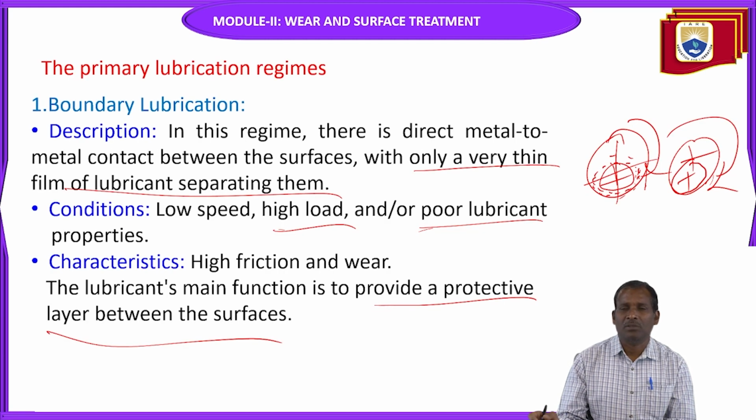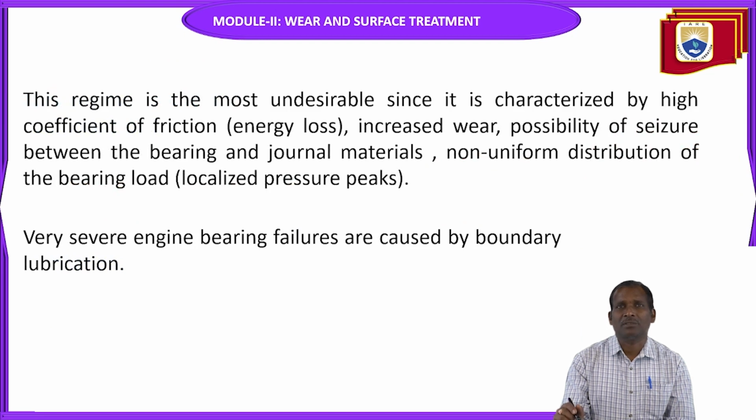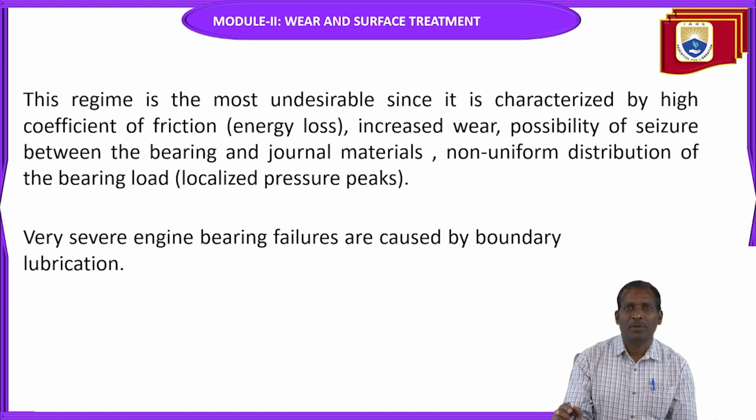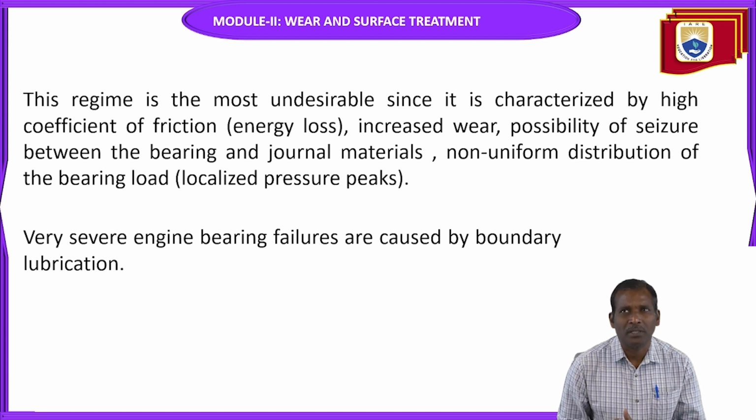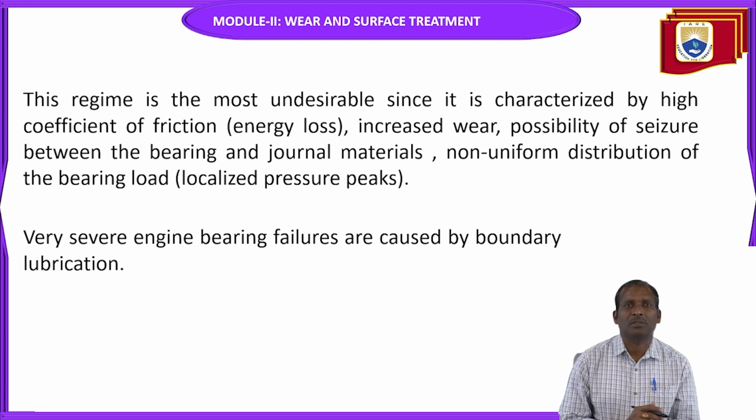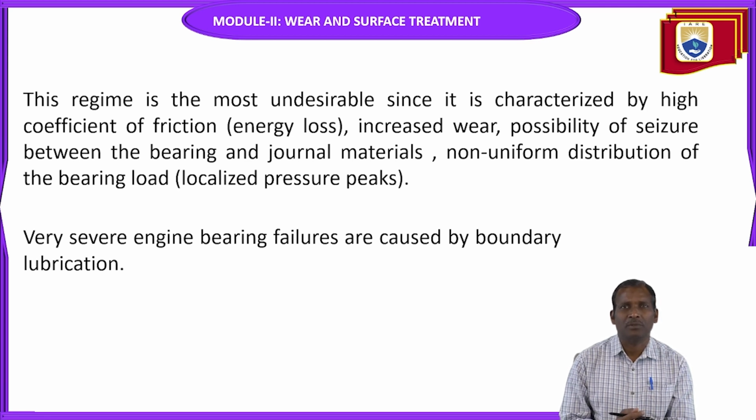Whenever there is no proper lubrication between these two metal to metal contact surfaces, the seizing effect will occur due to improper lubrication. There is no constant bearing load, and non-uniform distribution of the bearing load. All these lead to severe bearing failures.